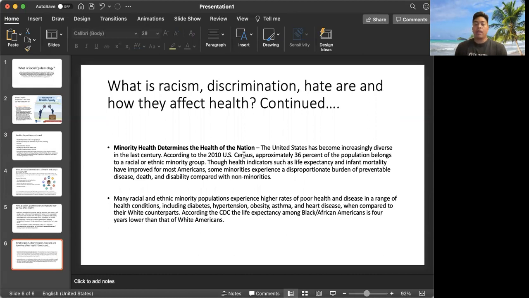So it's important that we do not discriminate against people's sex, age, because that affects their health if they're not able to get the care that they need.